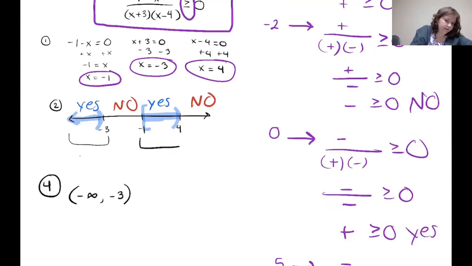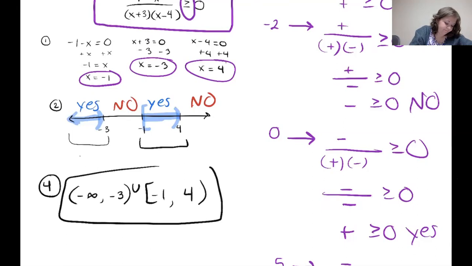Then the second interval, -1 to 4. -1 gets a bracket and 4 gets a parenthesis. And then since we have two intervals put together, we have to put the union sign in between them. And that is the final answer for number 4.